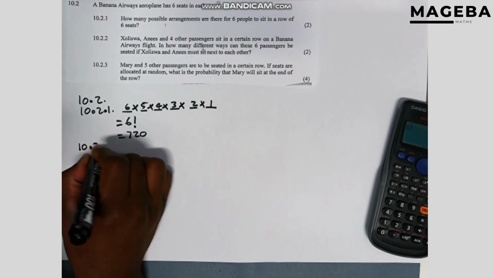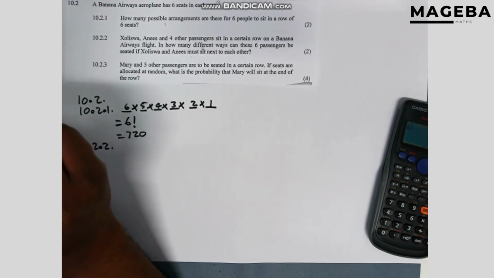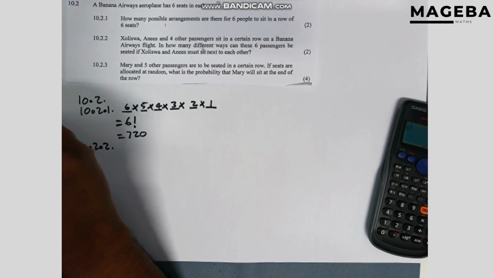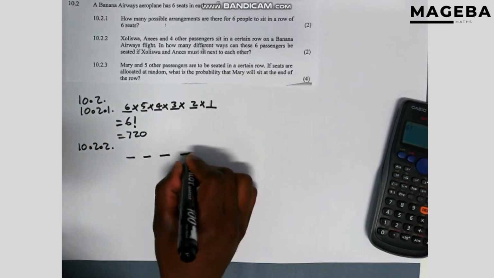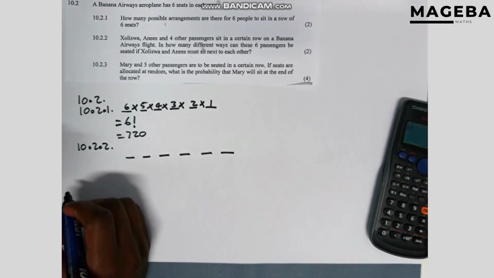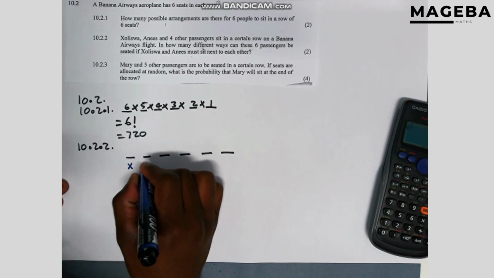So 10.2.2 now. It's saying Uxoliswa and Anis and 4 other passengers sit in a certain row on the Banana Airways flight. In how many different ways can these 6 passengers be seated if Uxoliswa and Anis must sit next to each other? So now we have these 6 seats, 1, 2, 3, 4, 5, 6, and we have these special people, Uxoliswa and Anis.